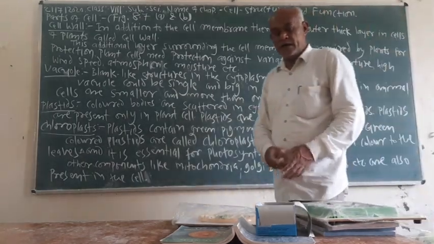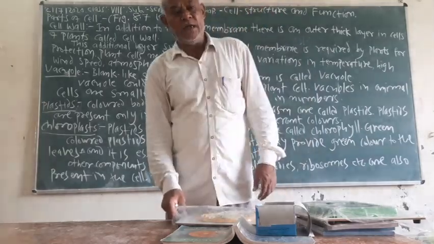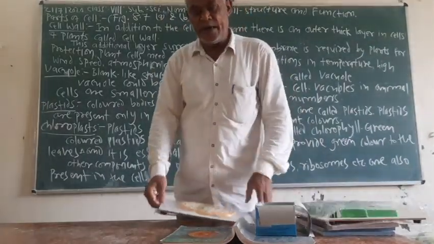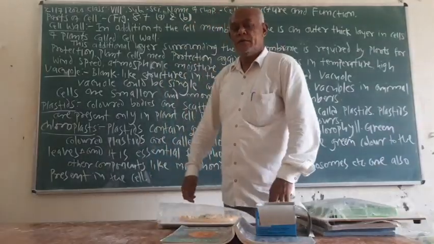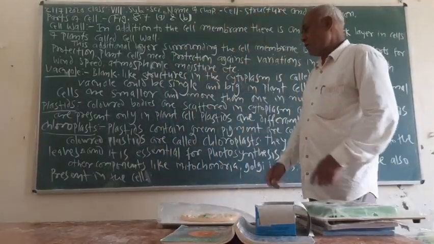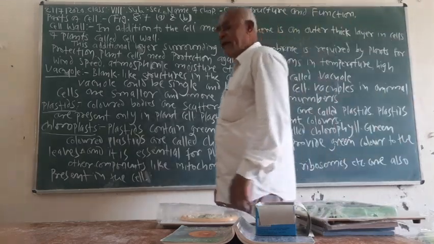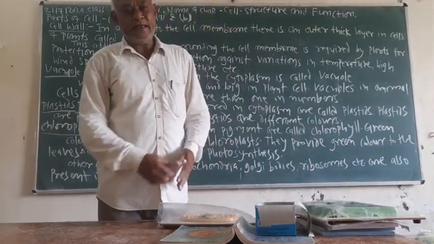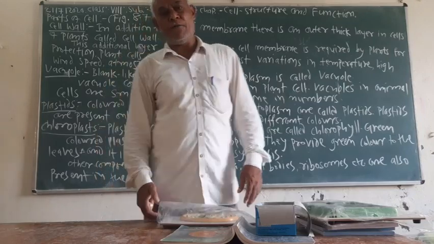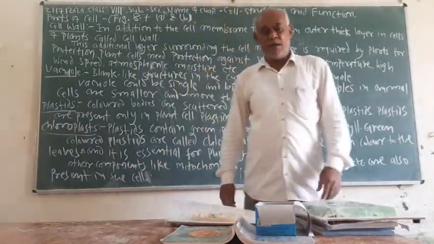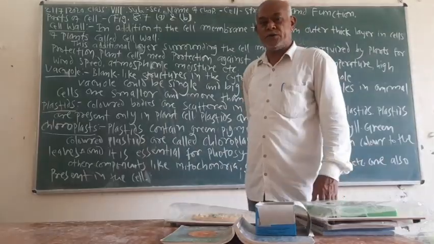We know that the green color of the leaves is due to the presence of green color pigment called chlorophyll in the leaves. And this green chlorophyll is essential for the photosynthesis process. Photosynthesis is a food making process.